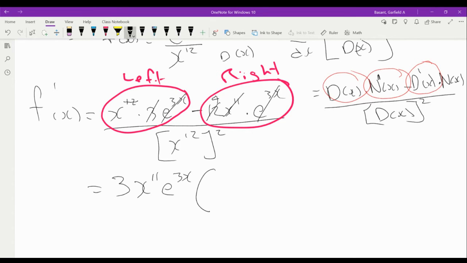You mean just x, right? I meant to say x. So on the left side, we'll have x left because there were 12 originally. We took out 11 of them, so we have 1 x left.